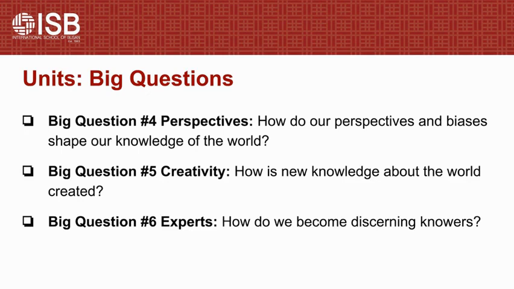We are human and by nature biased. Big question 5, creativity, looks at how is new knowledge about the world created? And big question 6, experts, gets students to think about how do we become discerning knowers?